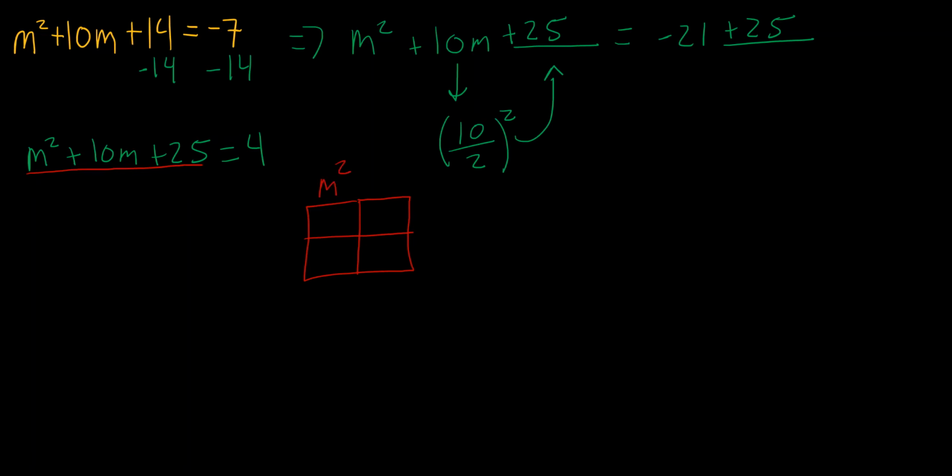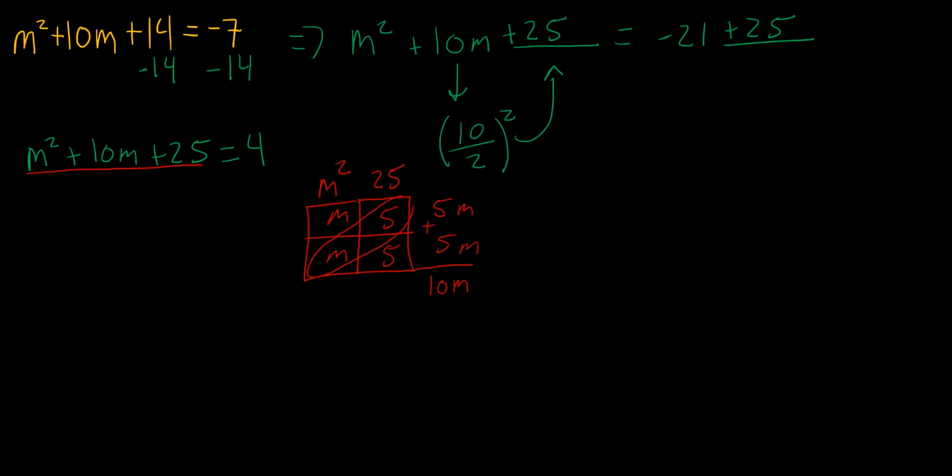We have 25 here. And we have 10m over here. So m and m gives me m squared. 5 and 5 gives me 25. And then when I multiply horizontally, I get 5m and 5m. So 5m plus 5m gives me 10m.